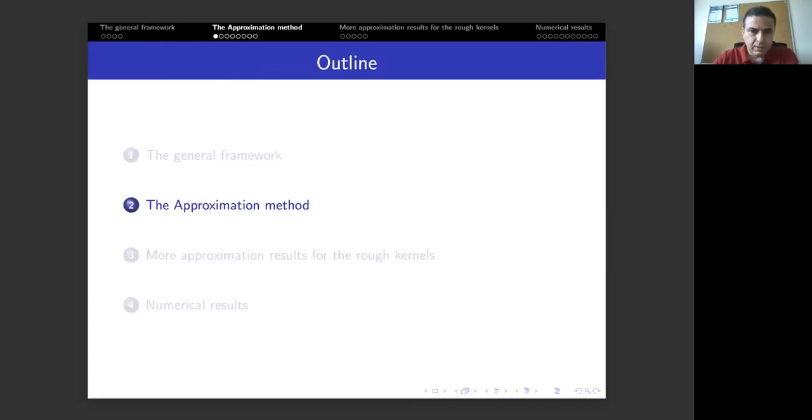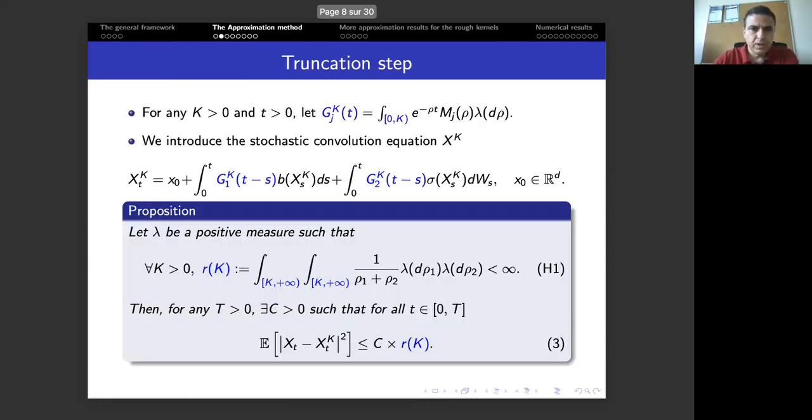So now I can show you the approximation method we propose in this work. The first step in our approximation is called the truncation step. If you remember, our kernel is defined as an integral, a Laplace transform on R plus, of the measure lambda.